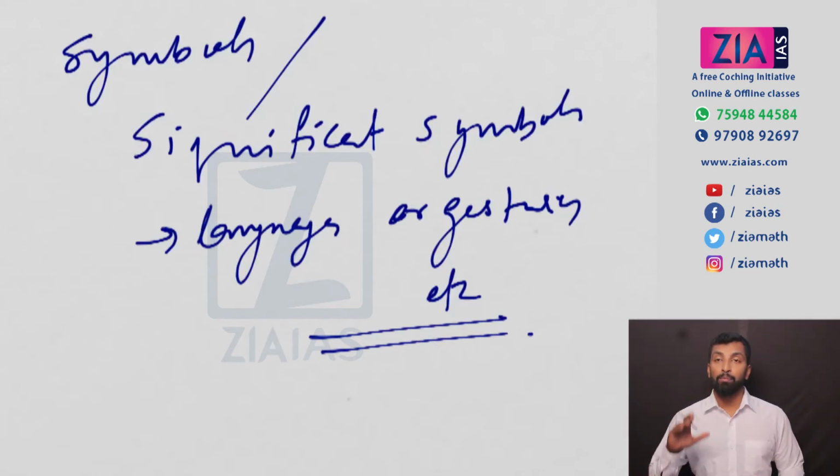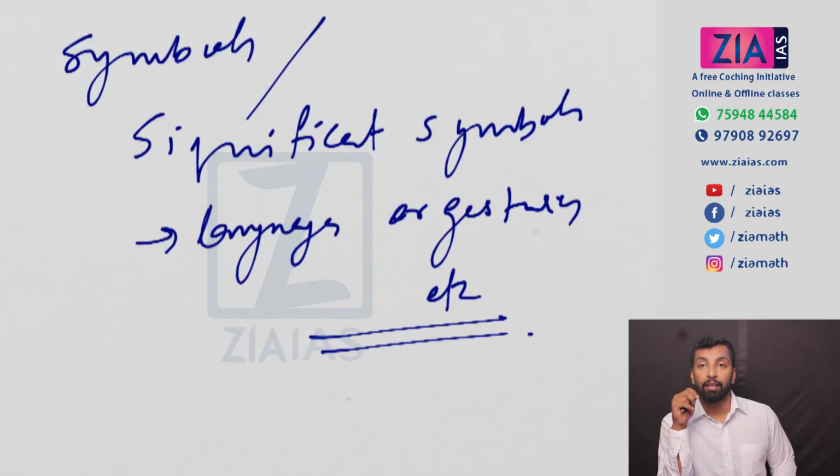So symbolic interactionism stresses the interaction between participating individuals, and this interaction takes place through symbols and gestures, which you call significant symbols.